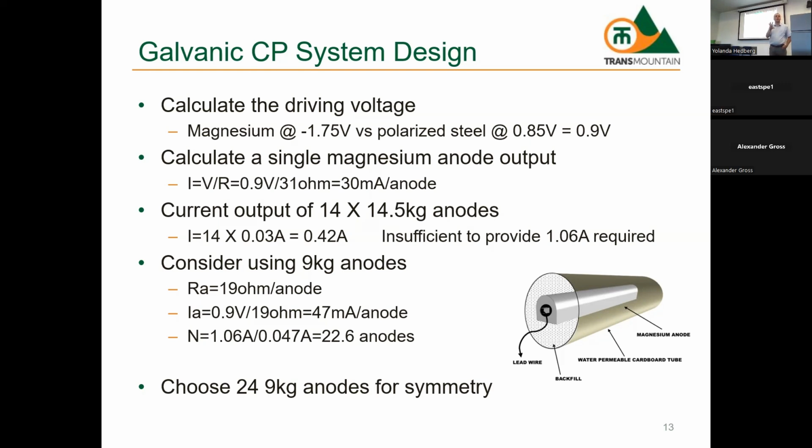The current that's required to activate the polarization in seawater is very high, but once it's polarized to a cathodically protected level, it doesn't need that much current anymore. It was the activation polarization current that was required. Now it doesn't need it. In soil, we don't see that, really. It does exist, but it's not significant enough for us to design around it most times in soil. Seawater for sure.